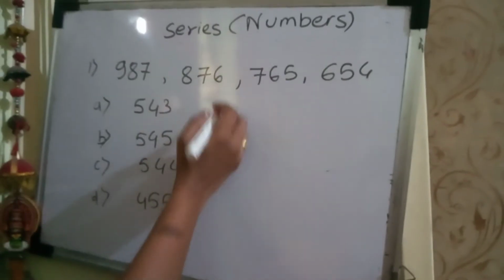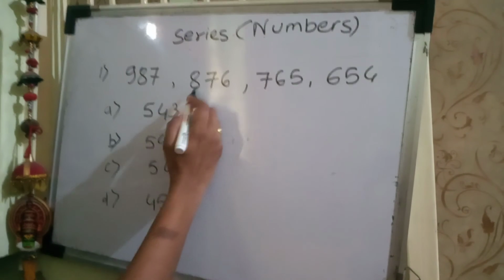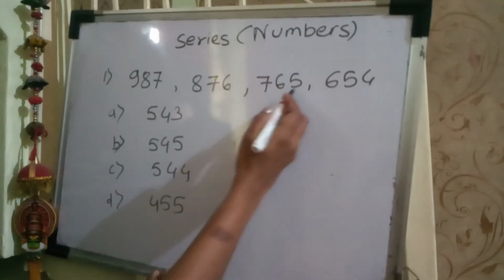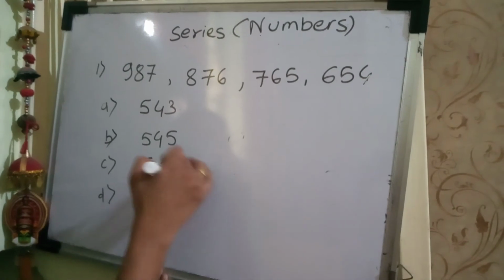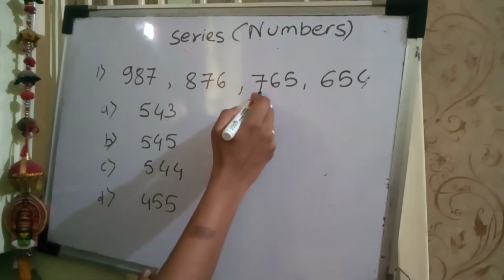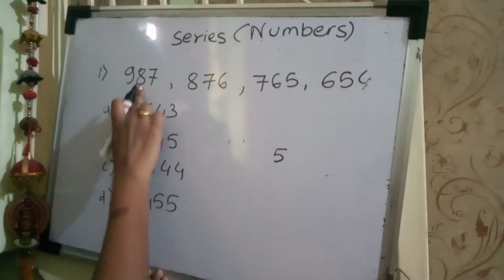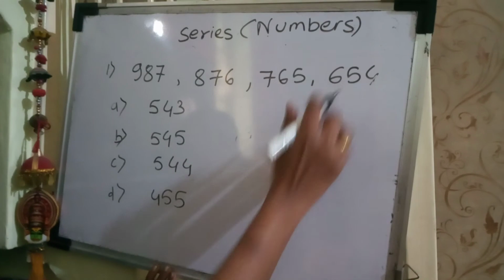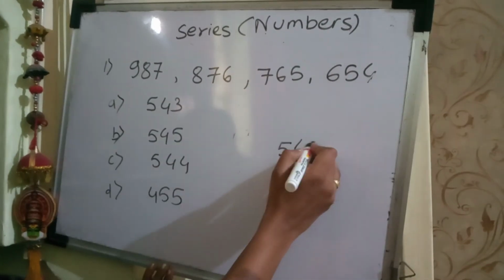We see number series. Okay. Now see here 987, 876, 765 and 654, and four options are given here. Now see here 9, 8, 7, 6. Next will come 5. 8, 7, 6, 5, 4. 7, 6, 5, 4, 3.